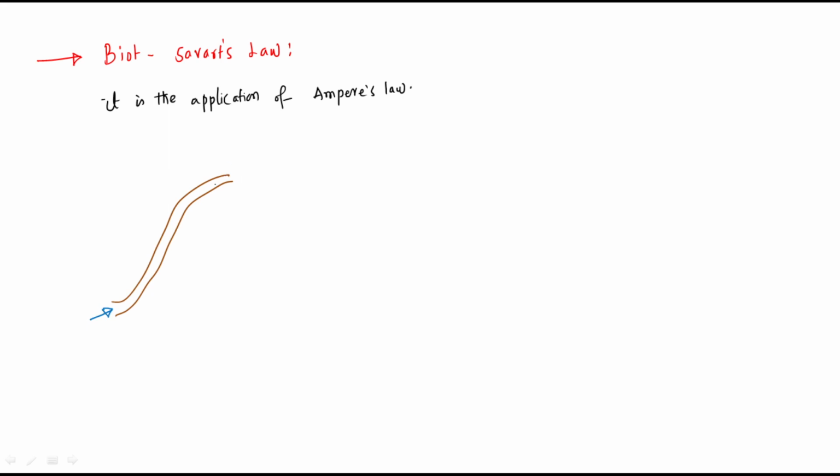So through that wire we have the current I. In that infinitely long straight wire, I am going to consider a tiny element of wire.